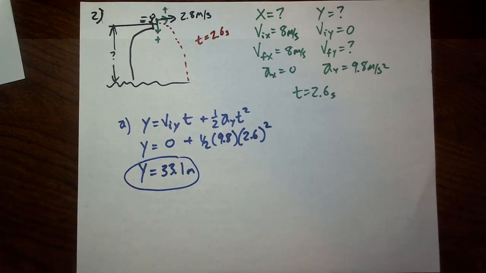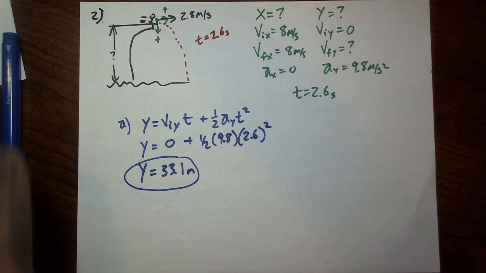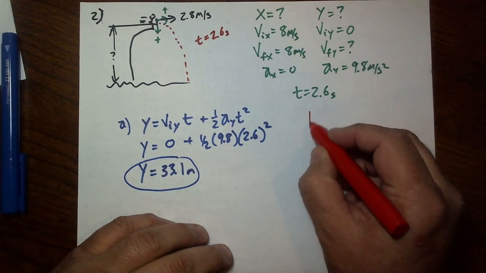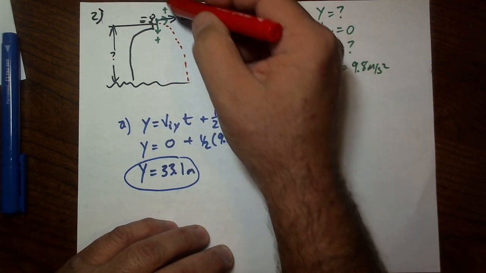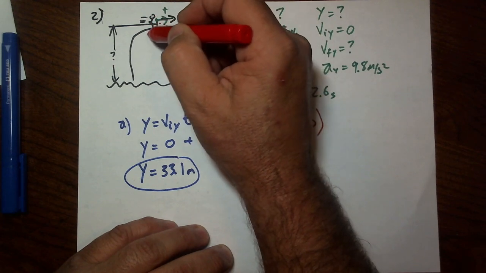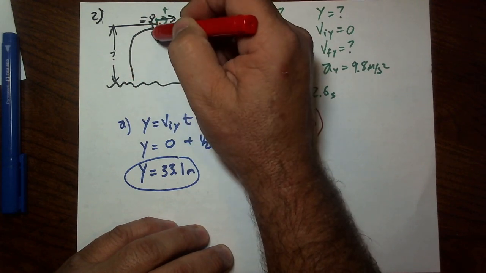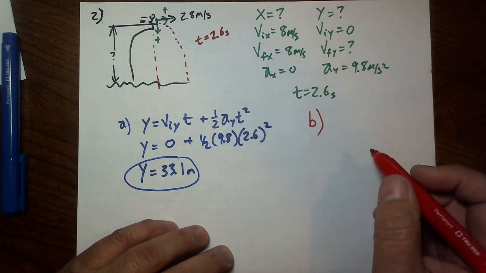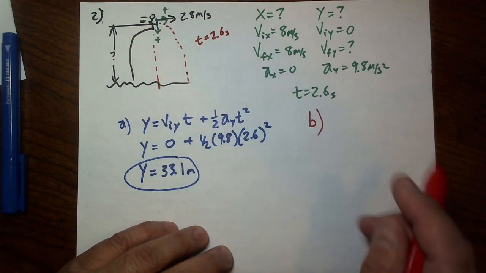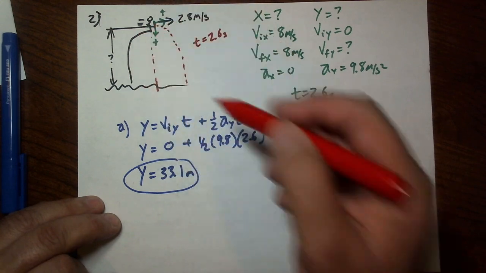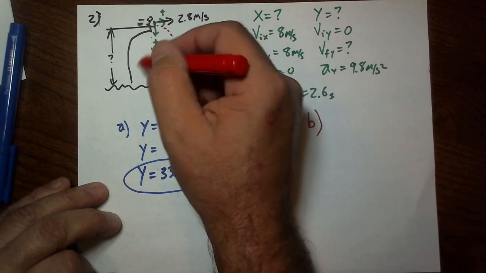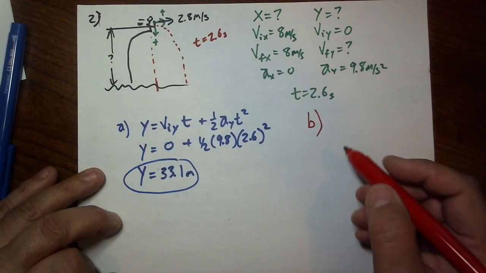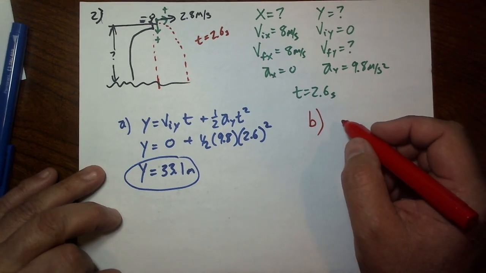Then part B asks us to find how far from the base of the platform she lands. Well, that's a question of x. By the way, the base of the platform, I've drawn the base going in like this, so we're actually measuring below this point, below the point she launched at. So I shouldn't have drawn it with this relief like that, but that's something they do on real diving platforms to make sure that the diver is into the meat of the pool and not near the edge.